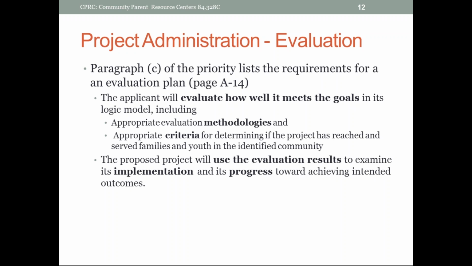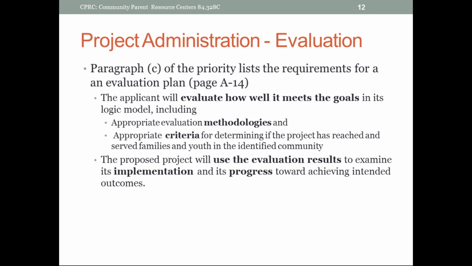I don't have it in here, but if you will look at the language in the actual application package, it really does talk about making sure that your evaluation activities are appropriate for your project. So you need to, again, connect it with who your audience is, who the families you're serving are, and if these are appropriate evaluation activities for that.